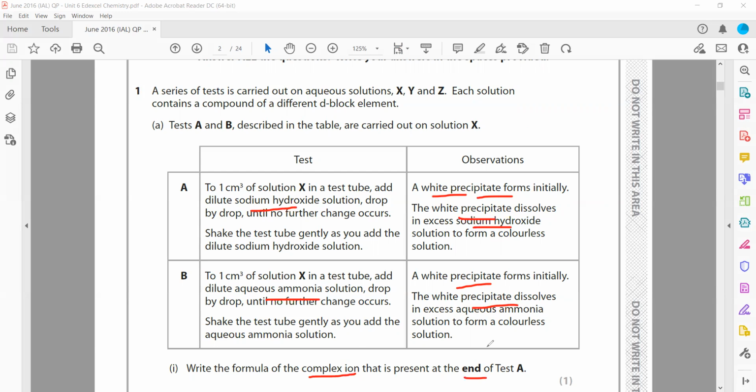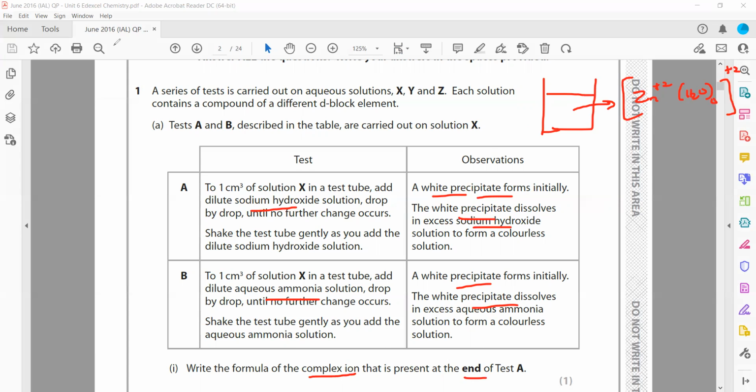If it was in between, because a precipitate is there, it will be a hydroxide. But when zinc exists in an aqueous solution, zinc is +2, but how does it exist? It exists as a complex, so the charge on the complex will be +2.